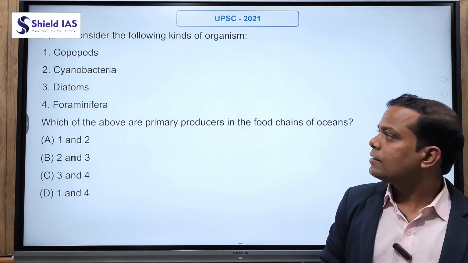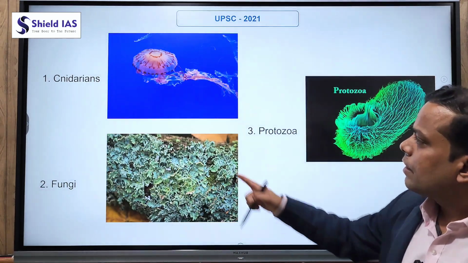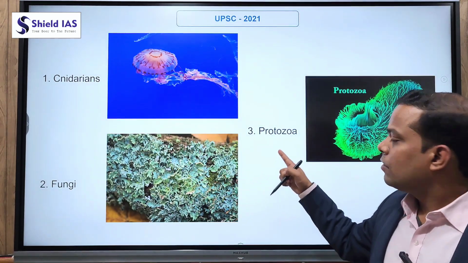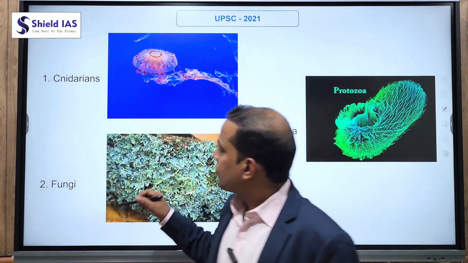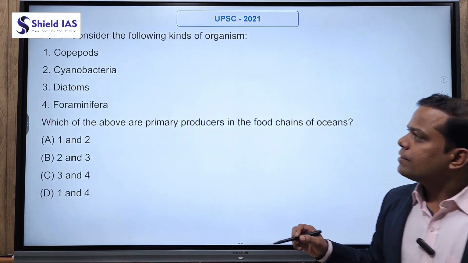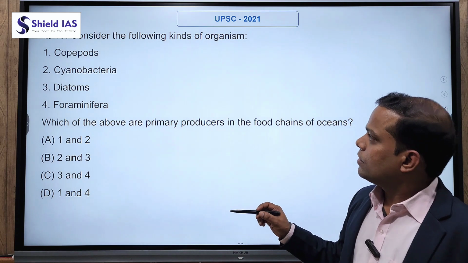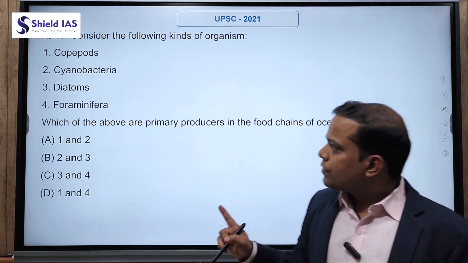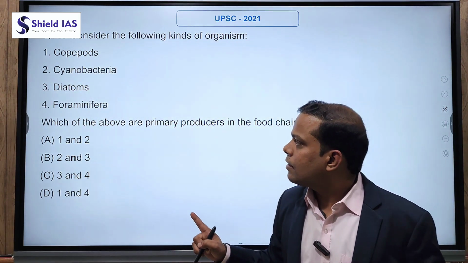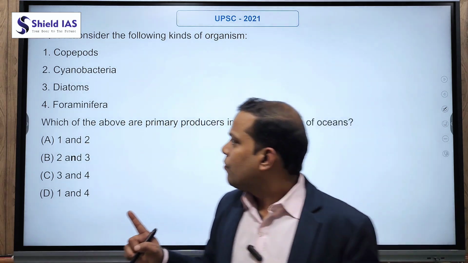And the last question, so you can see the picture: cnidarians, fungi and protozoa. The last question says, consider the following kinds of organisms: copepods, cyanobacteria, diatoms and foraminifera.